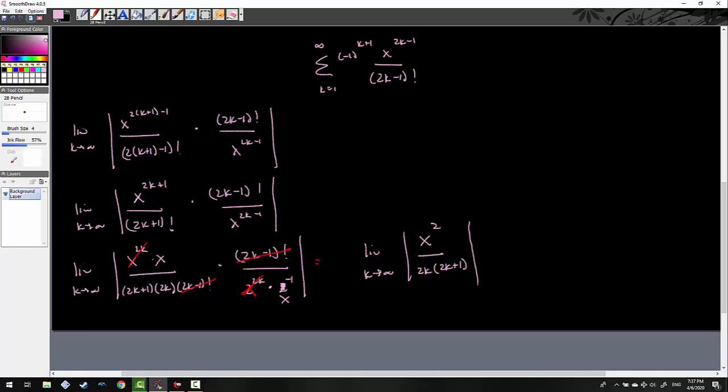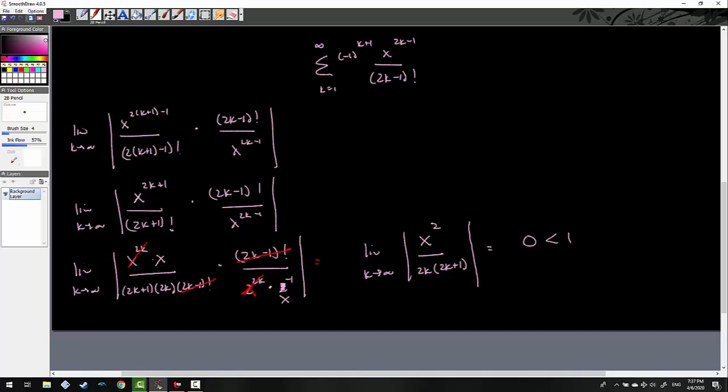Now, when it comes to radius and interval of convergence, if you were a lazy calc student, this is a very great scenario, because as k goes to infinity, it doesn't matter what x is. K is the thing that we're taking the limit of. This ultimately just goes to 0. And no matter how you cut it, 0 is less than 1 for every single number imaginable.